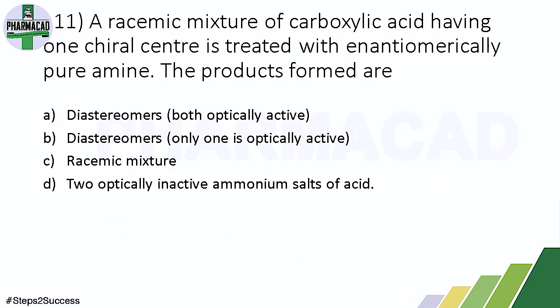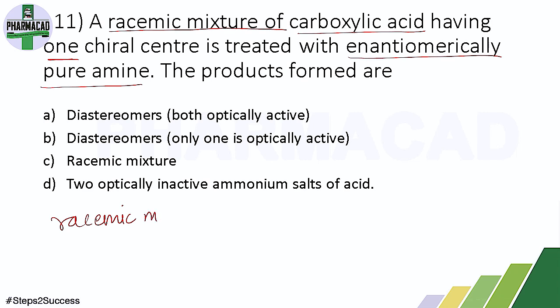Next question. A racemic mixture of a carboxylic acid having one chiral center is treated with an enantiomerically pure amine. The products formed are? So a racemic mixture having one chiral center is treated with enantiomerically pure amine.